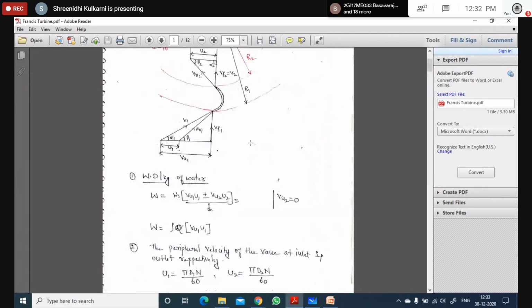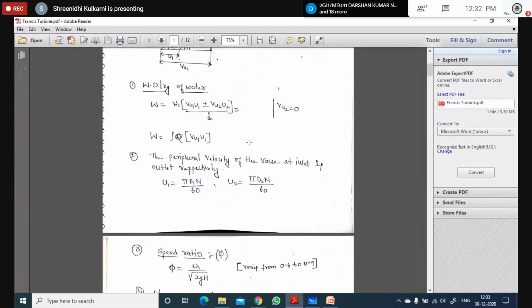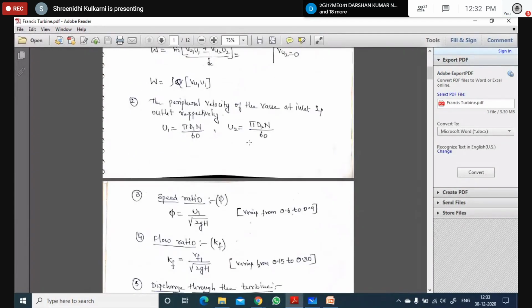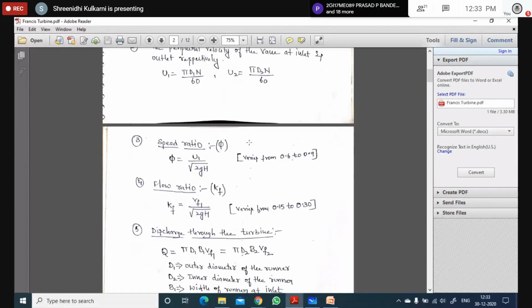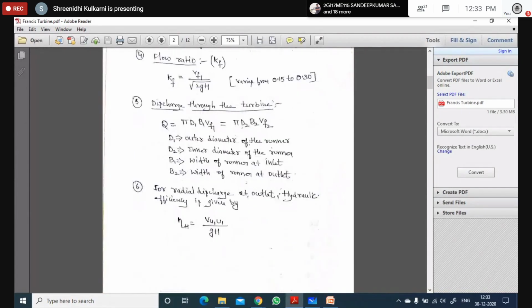So these are the list of formulas. Please remember: work done, peripheral velocities U1 and U2, speed ratio phi, flow ratio Kf, discharge Q at inlet as well as outlet, and the hydraulic efficiency.